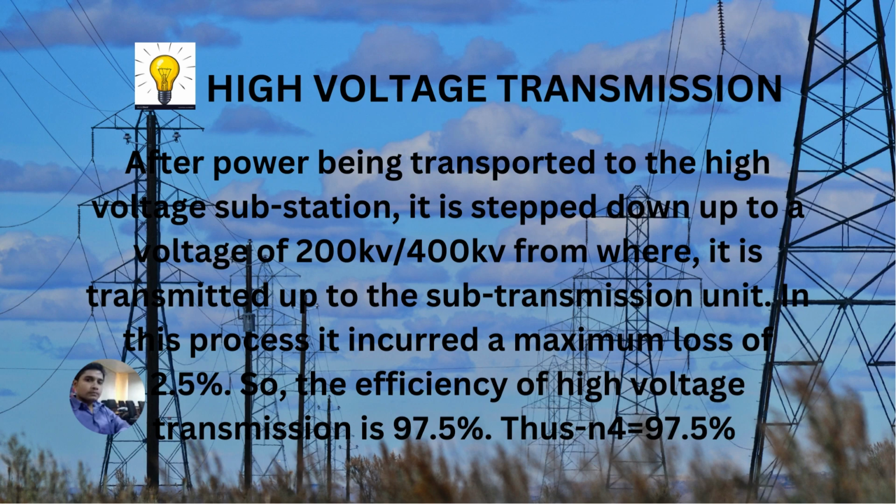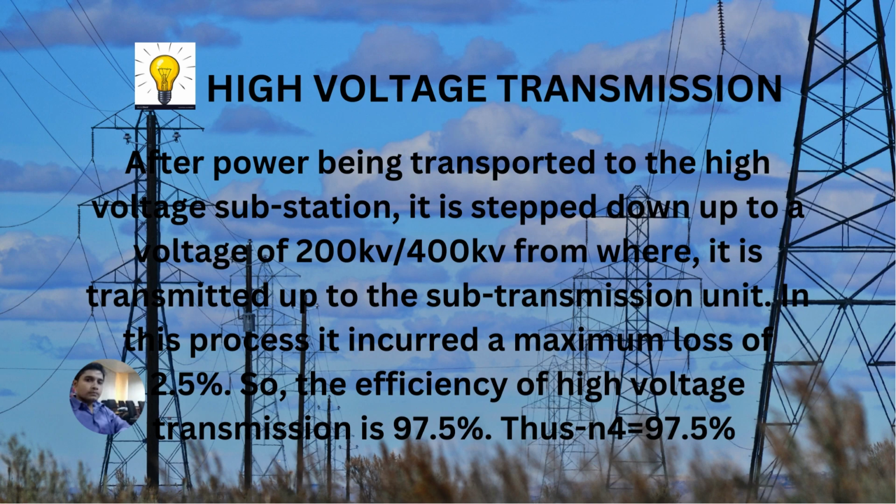High voltage transmission. After power is transported to the high voltage substation, it is stepped down to a voltage of 200 kV or 400 kV as per the requirement, and then it is again transmitted to the subtransmission unit.